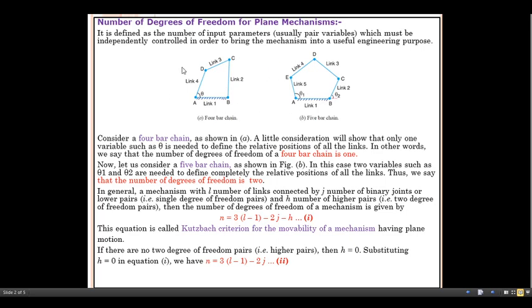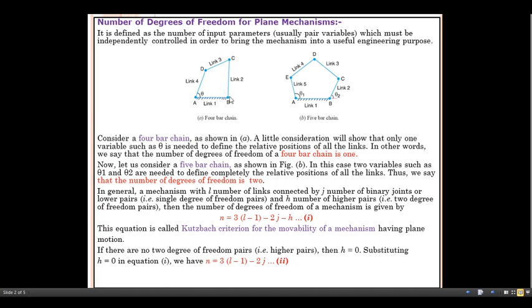Okay, so if you just consider the 4-bar chain example, in this case we have 4 links: link number 1 is here, link number 2 is here, link number 3 is here, and link number 4 is here. So if I give the input motion for link number 4, here the angle theta made by this link 4 with the horizontal axis is sufficient to define the configuration of the remaining links.